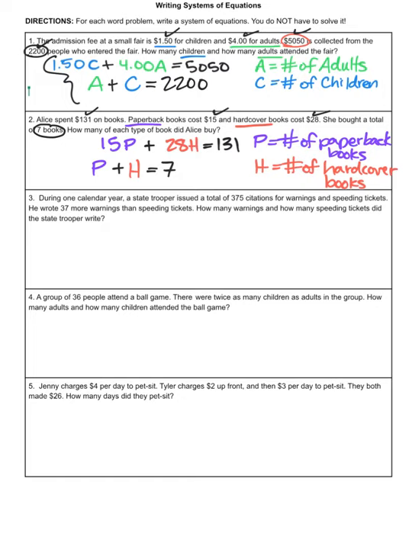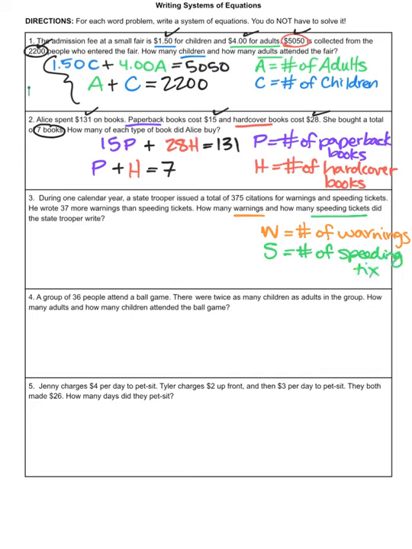How many warnings and how many speeding tickets did the state trooper write? So from this last question, I'm going to use this to tell me what my 2 variables are. W will be the number of warnings, and for speeding tickets, I'll use S. Number of speeding tickets.